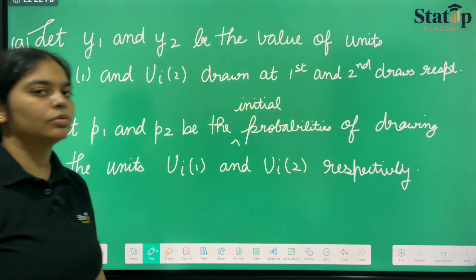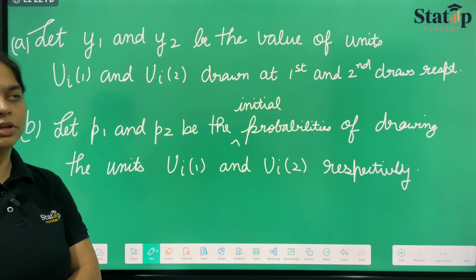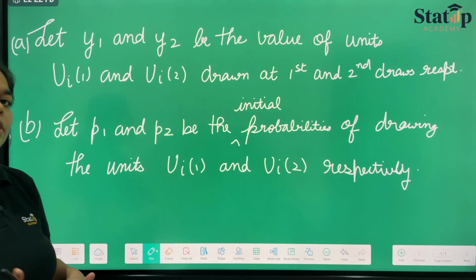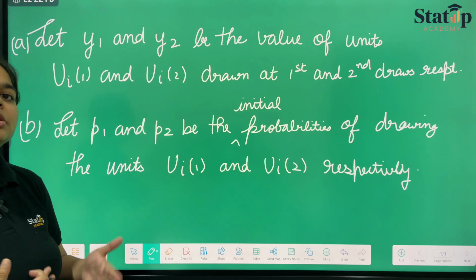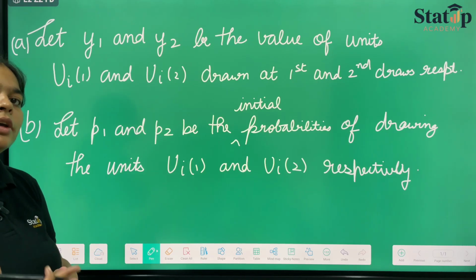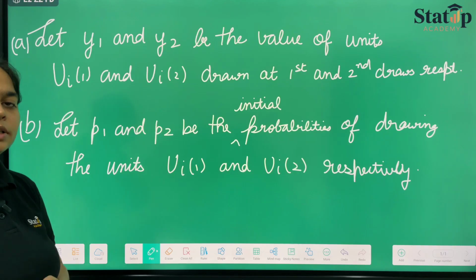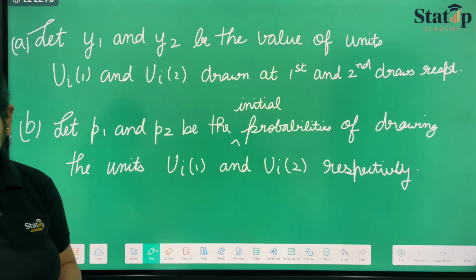So these are the two notations we should keep in mind, and ui1 and ui2 can be used interchangeably as well. Suppose ui1 is not exactly drawn at first draw, it can be drawn at the second draw, and so on.